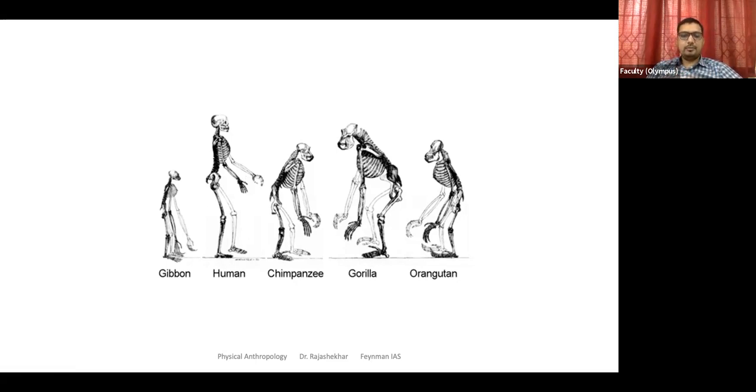We'll again see this in the comparison between primates, but I wanted to develop a brief relative picture here. Gorillas are huge, followed by orangutans and chimpanzees. They have long arms compared to their shorter legs, which is opposite in the case of humans. We have long legs and shorter arms.